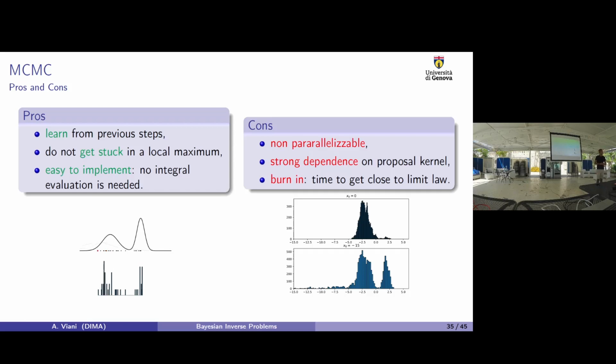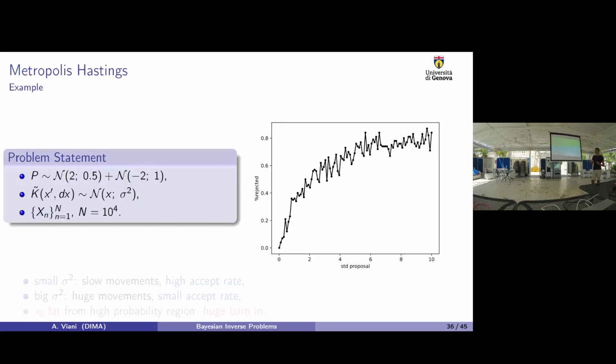Any other questions? I was just curious about the value 0.2 for the acceptance rate. It's heuristic. I don't really know why, but in the literature you find that this is a good value.